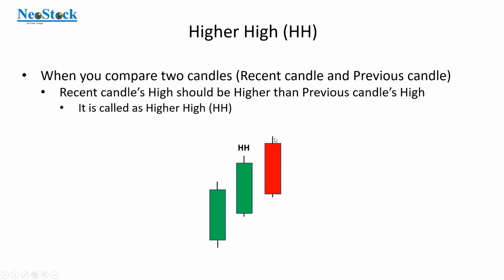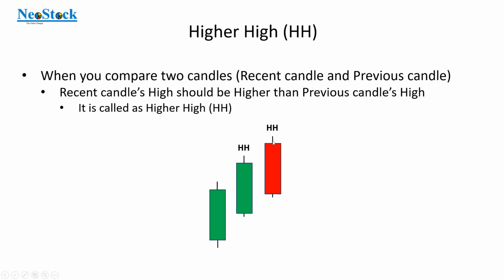When you are comparing, if your recent candle's high is higher than the previous candle's high, then we can call it a higher high, HH. So even this recent candle also got HH. HH indicates higher high, which means the recent candle's high is higher than the previous candle's high.